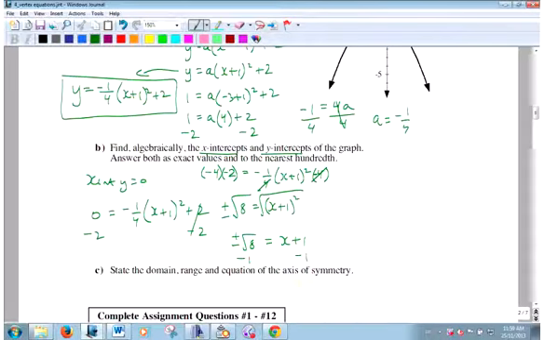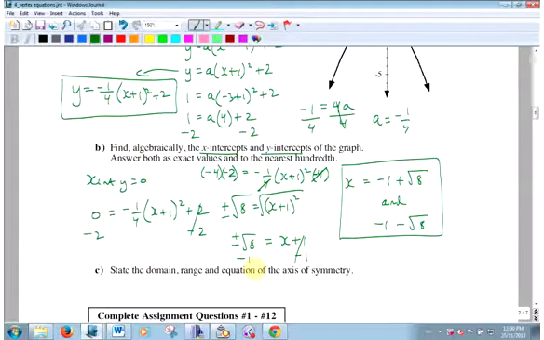Minus it to both sides. So my roots are minus 1 plus root 8 and minus 1 minus root 8. Okay, that's two answers, the plus or minus.